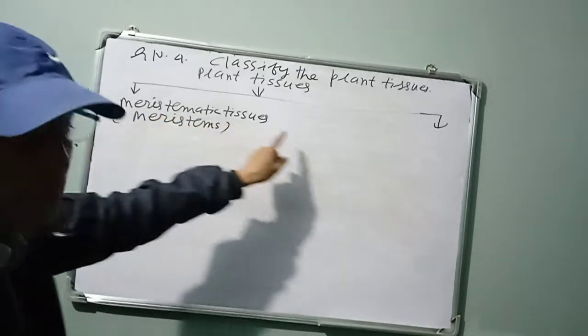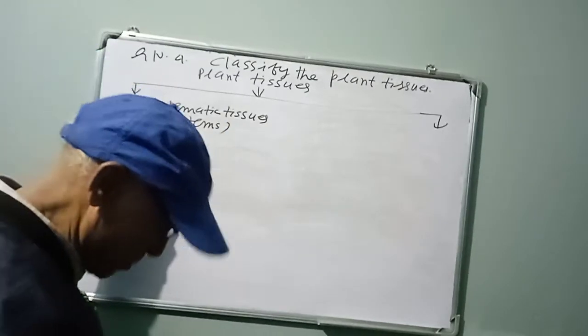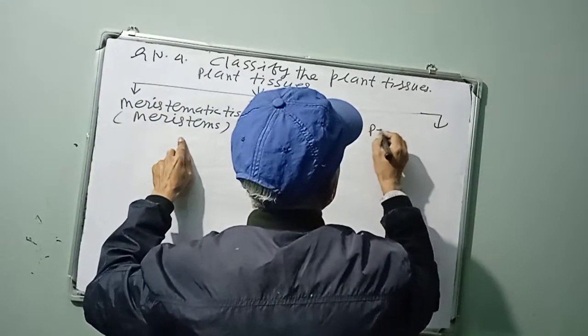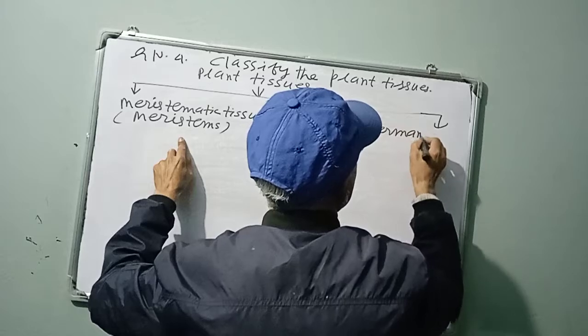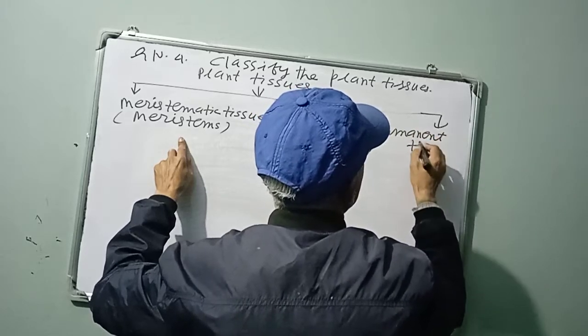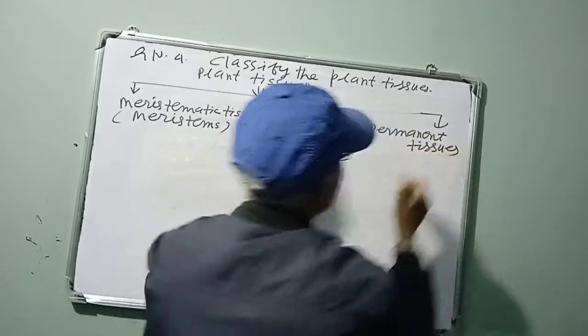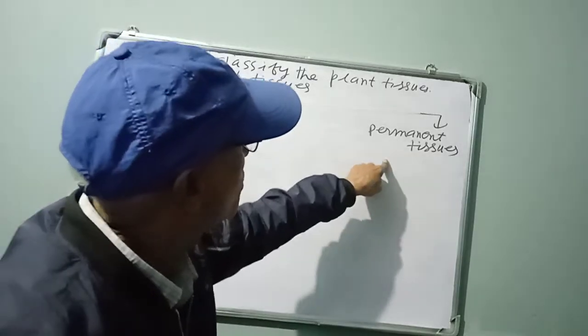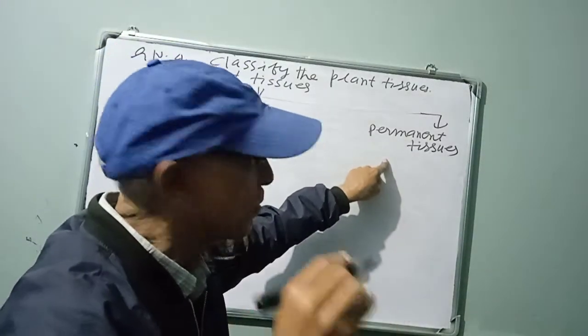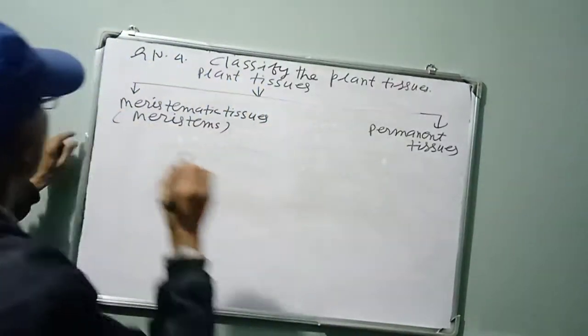Meristematic tissues or meristems. Another is permanent tissues. Just by the name, permanent tissues are those which have lost the power of division.